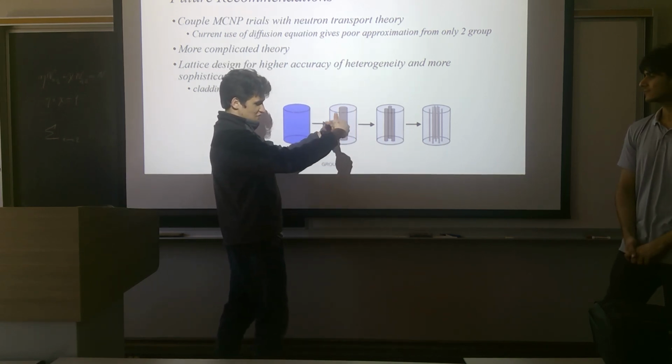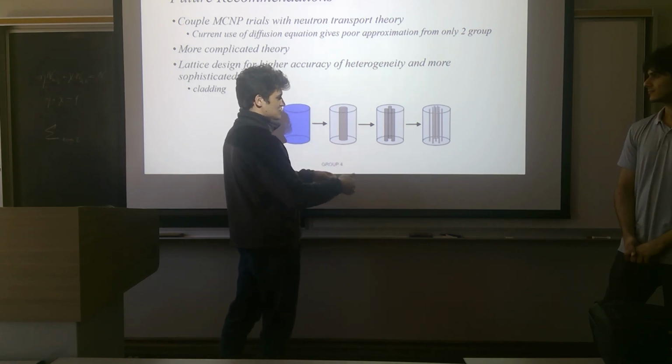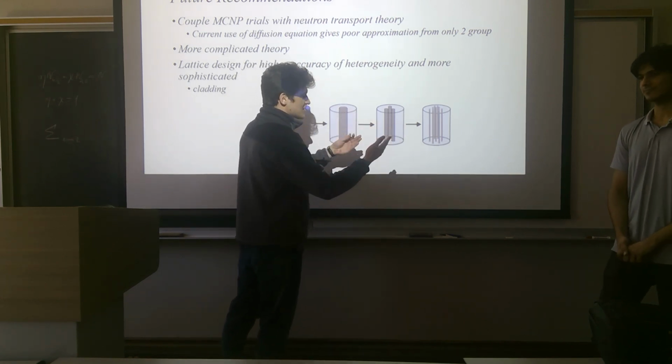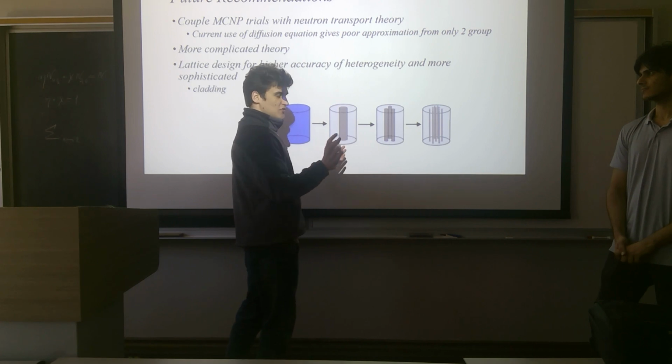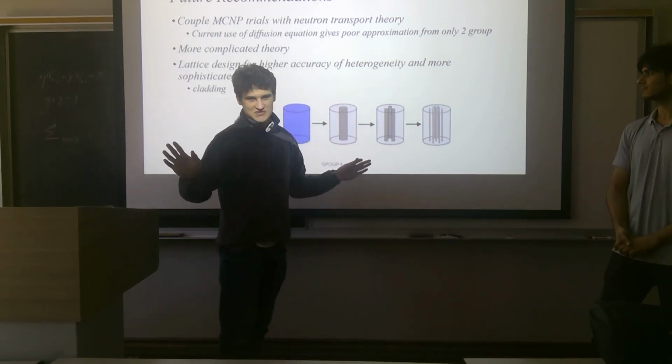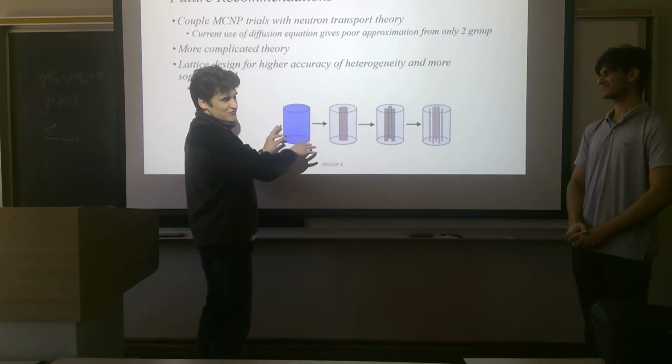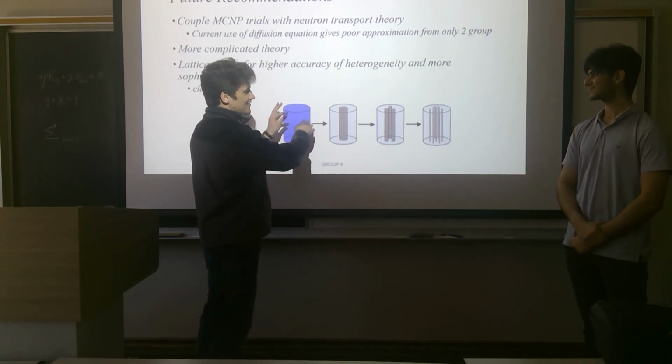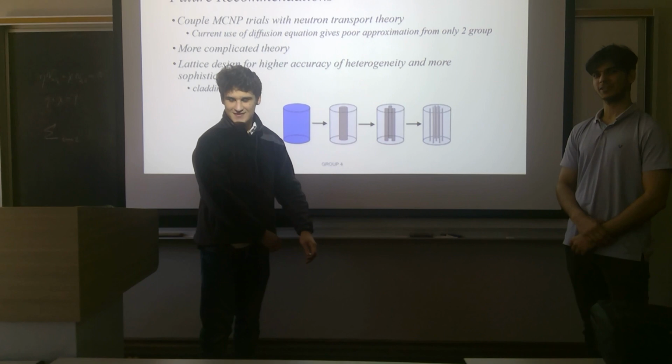So you have a theoretical assumption of a lattice, you make that lattice, you test it, you see the results, and then you keep doing these fine-tunings until you get your critical reactor. But for our purposes, we started with the very simple, just to demonstrate that it can be done, and the rest remains to be seen. That's our presentation.